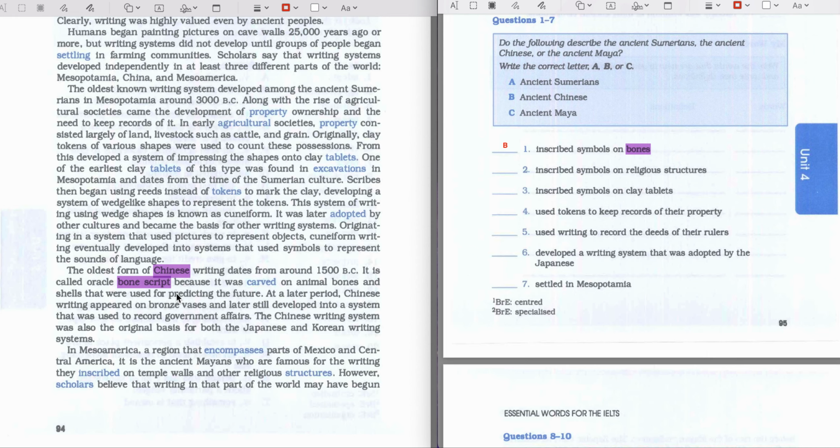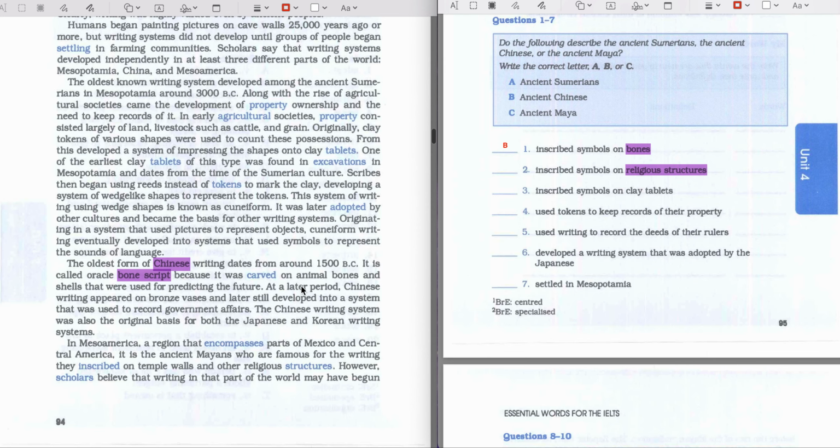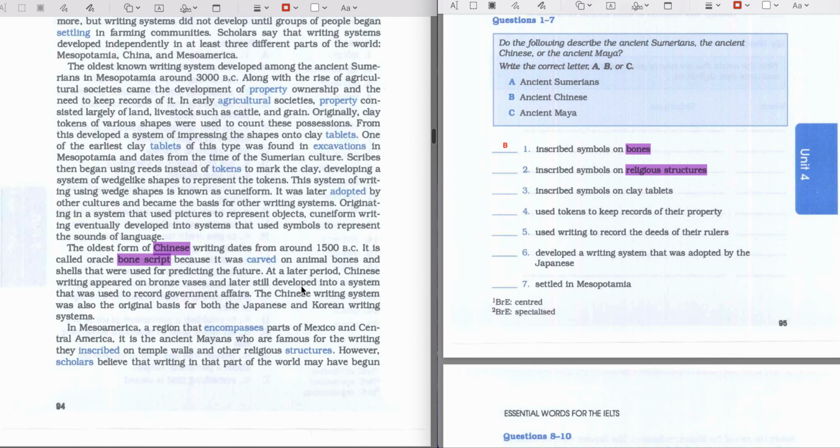So symbols on religious structures. Let's highlight the words which we need: religious structures. They can use other synonyms for this, because it could be anything like a temple or church or anything related to religious structures.